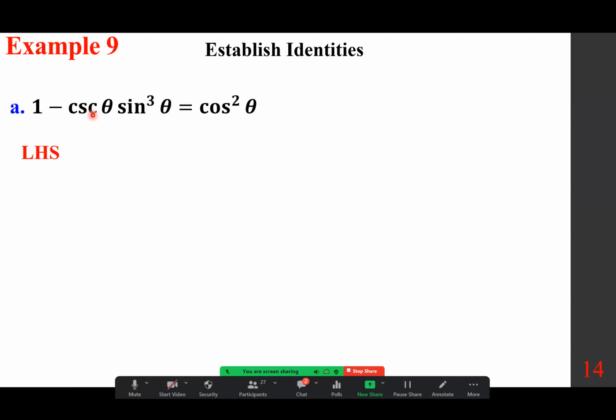So we will change the cosecant theta, just this one, to 1 over sine theta. So you have 1 minus sine cubed over sine theta.